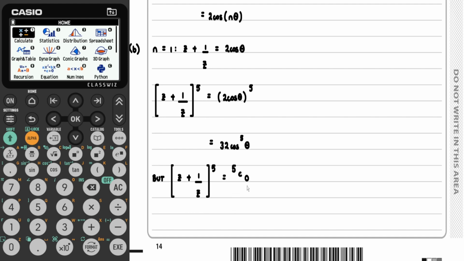So we have 5 choose 0 times z to the 5 times 1 over z to the 0 plus 5 choose 1 times z to the 4 times 1 over z to the 1.